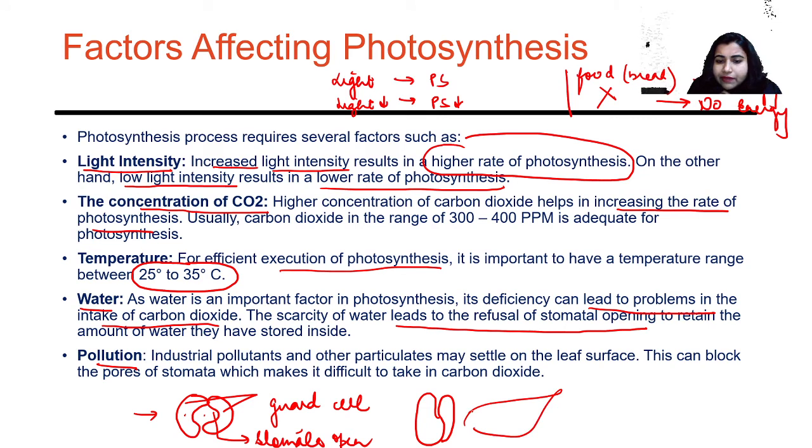If this is the leaf, there will be pollutants on the surface of a leaf which may block the pores of stomata. So if pollutants are more, the pollutants may accumulate here and block the stomata, right? So these are the factors which play an important role in photosynthesis.